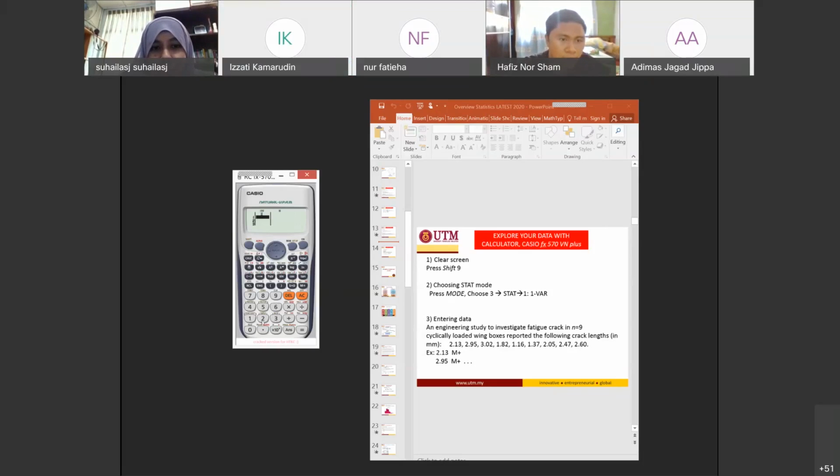Let's say 2.13, equal, and then 2.95, equal, and then you have 3.02, 1.82, equal, 1.16, 1.37, 2.05, 2.47, and then 2.6.